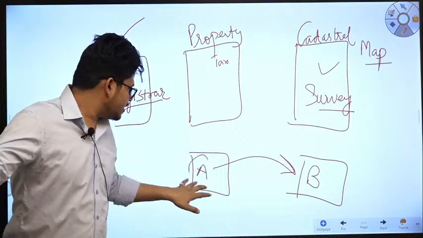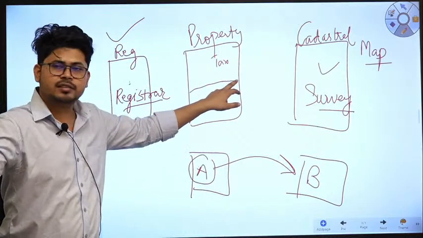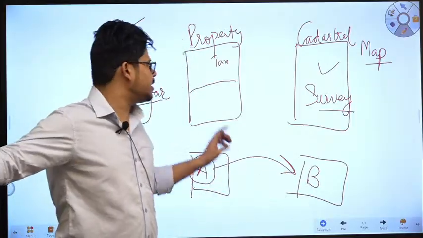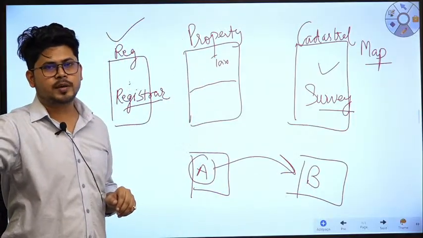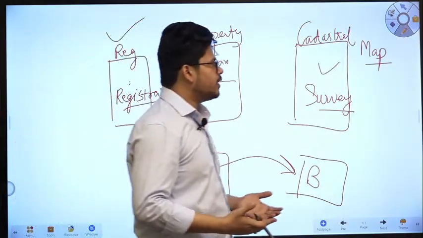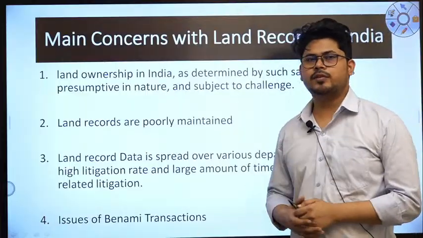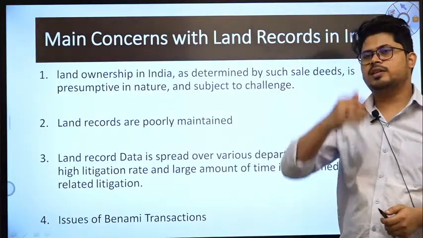And if this person is having the record from the property tax department, he can claim that this land belongs to him because he is having the records of property tax. This anomaly creates litigation, due to which courts have been overburdened with land disputes. Okay?